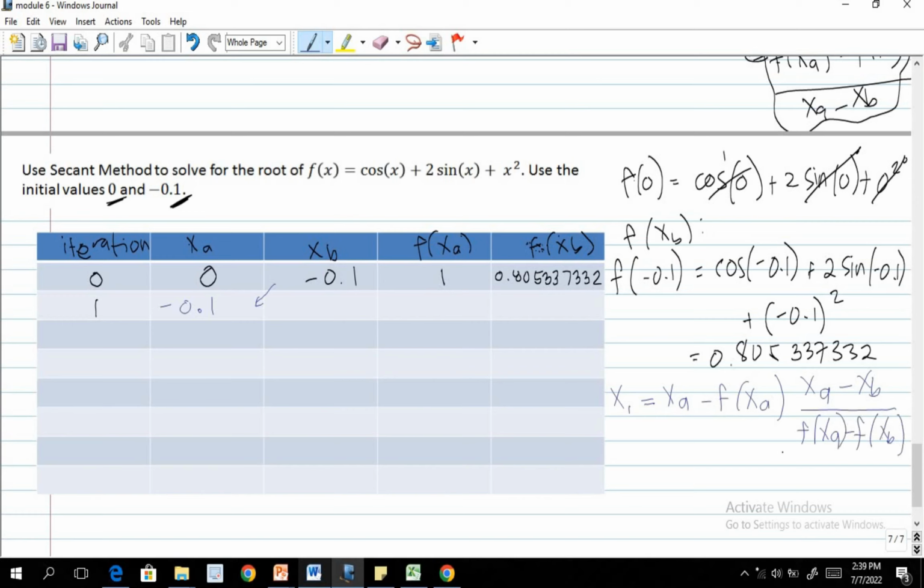Etong equation na to, ang gagamitin natin ngayon para makuha natin yung value dito sa may xb ng 1. Okay?